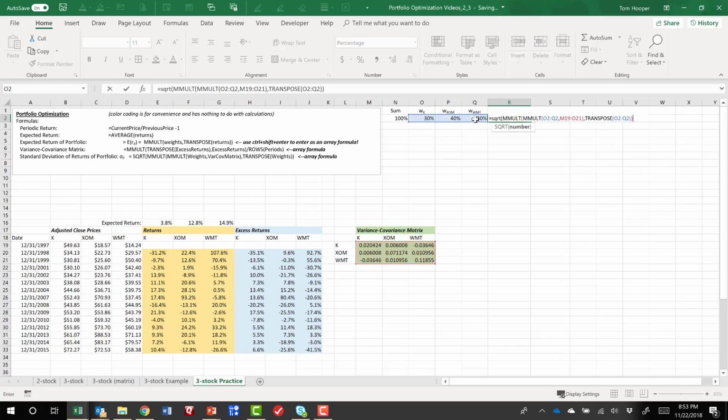Close out the parentheses and Control-Shift-Enter, and that's the risk of the portfolio.